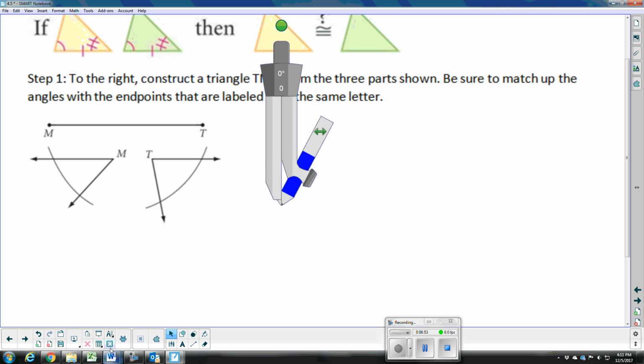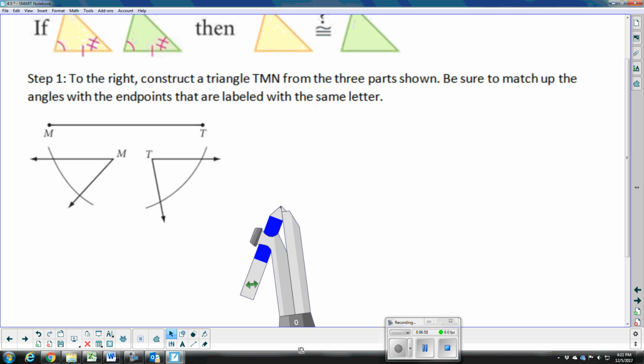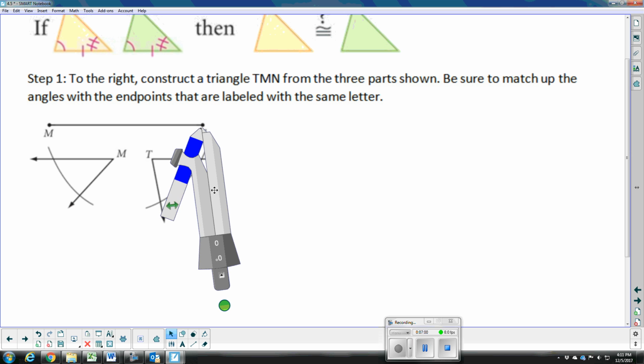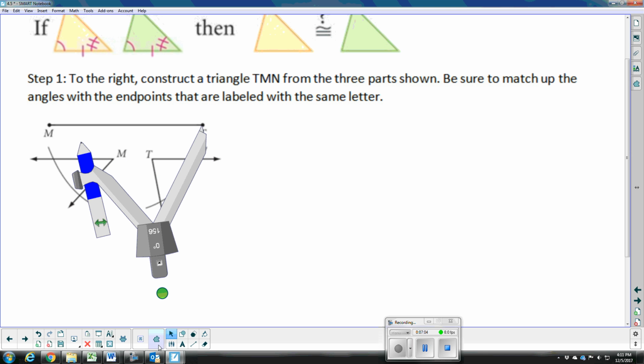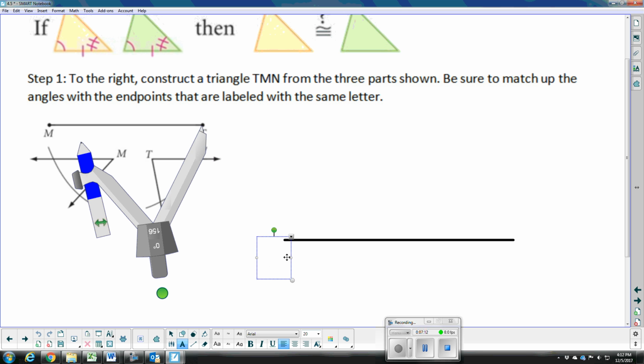Okay, so we'll do this together. So the first thing you want to do is, actually I would probably just draw a segment first. And let's label this point M. Okay, so I need to duplicate my segment.